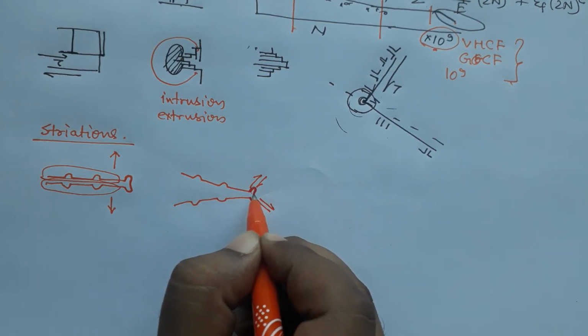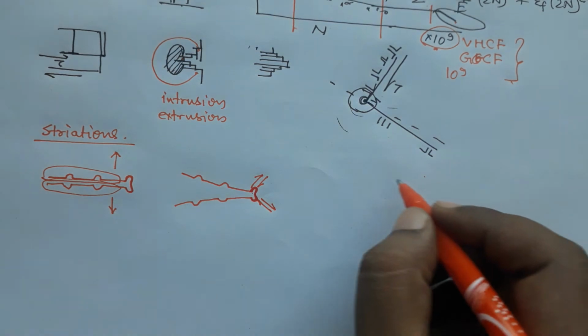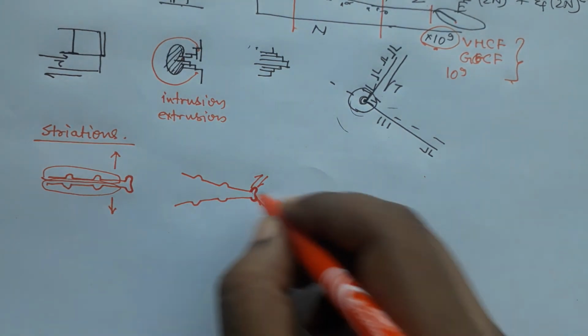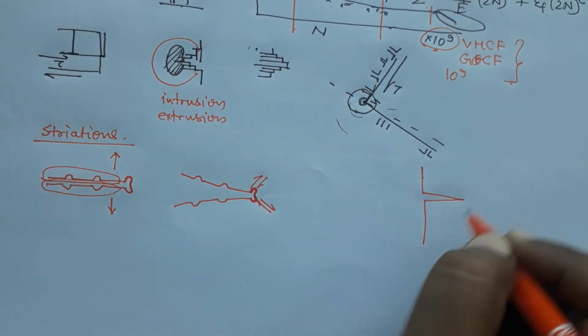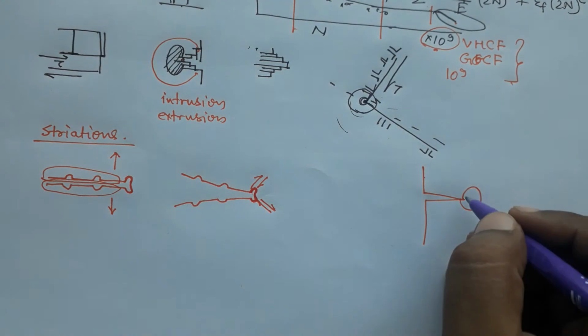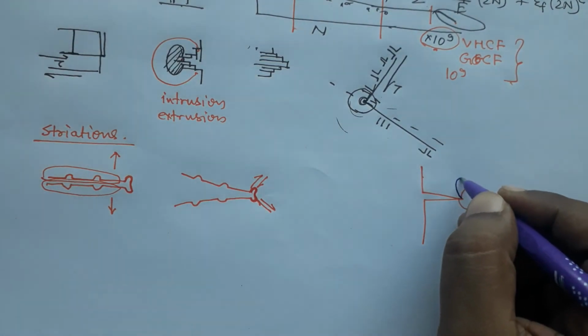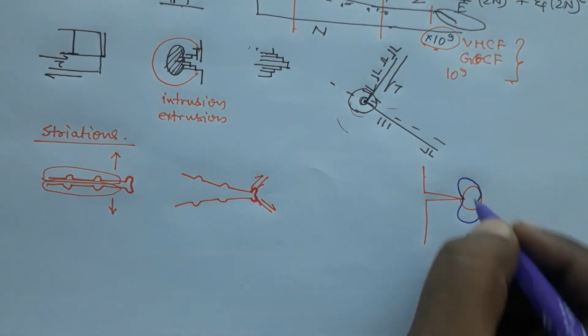If you see the plastic zone, we have discussed the plastic zone in fracture mechanics, and in reality the plastic zone at a crack tip, so we drew a plastic zone which was like a circle, but in reality it is not like a circle, it looks like a butterfly like this, okay, because of shearing.